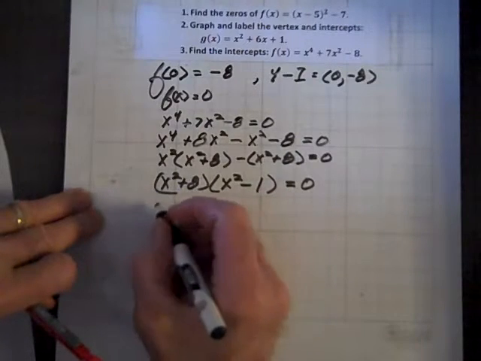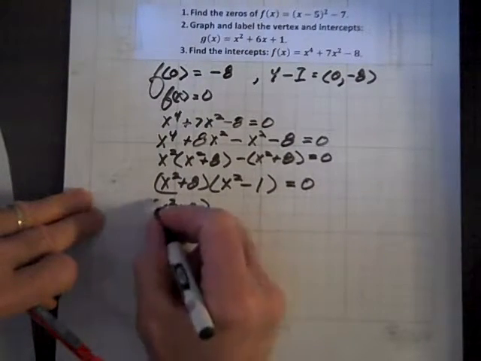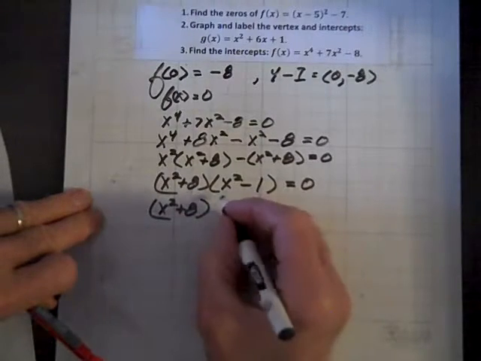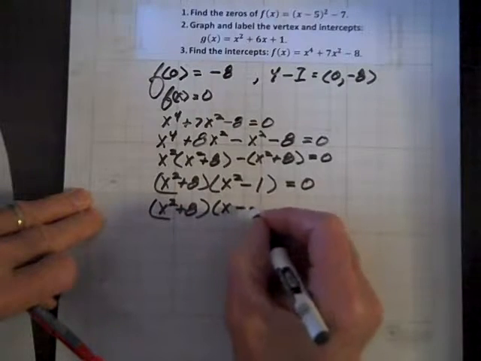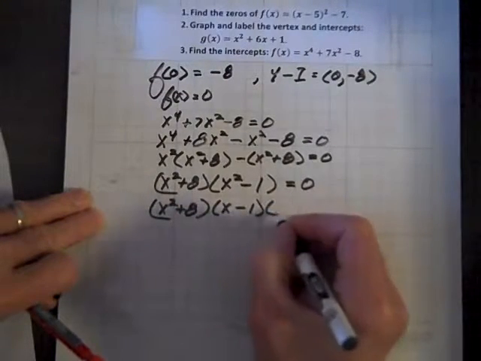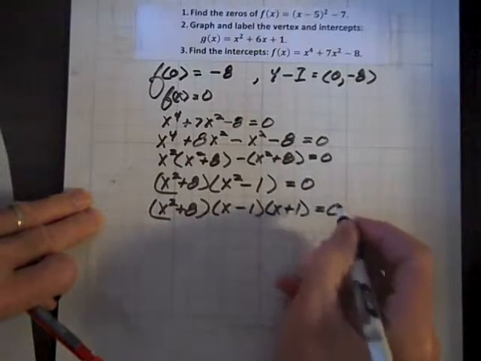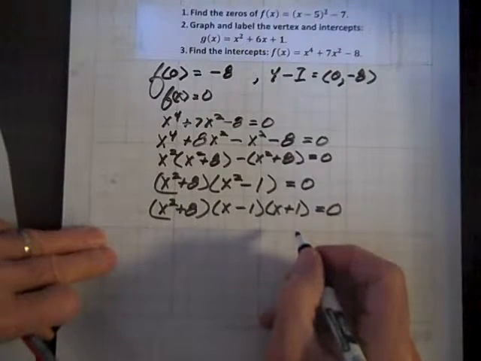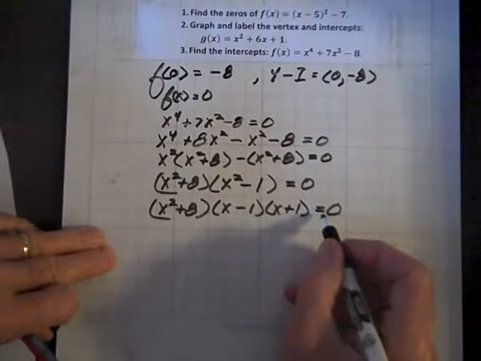Now, this x squared plus 8 does not factor. On the other hand, this is a difference of two perfect squares, and it does factor. So it factors into x minus 1 times x plus 1, and that equals 0. So now, what values of x will take this product to 0?